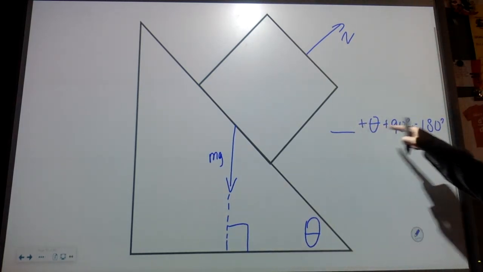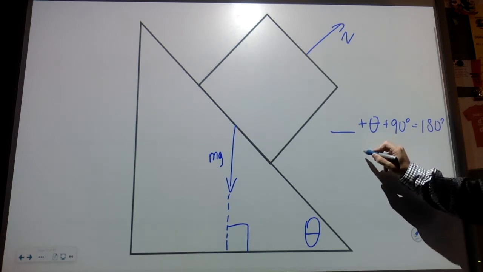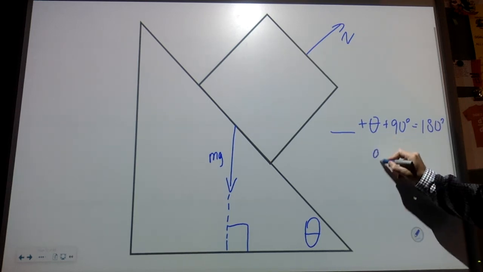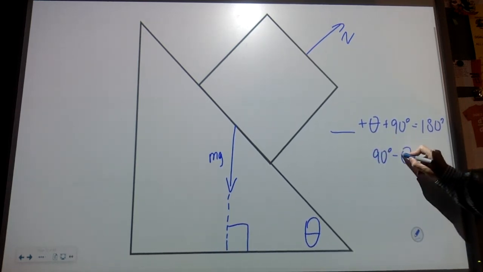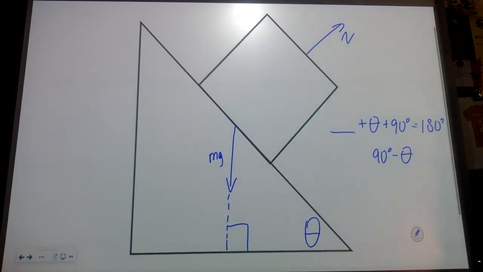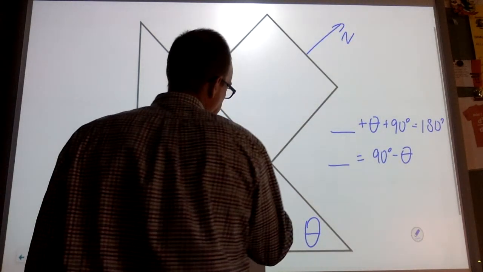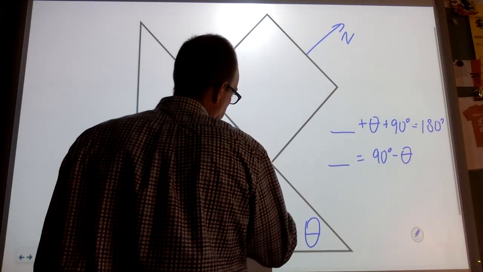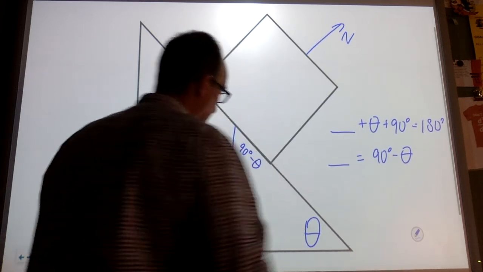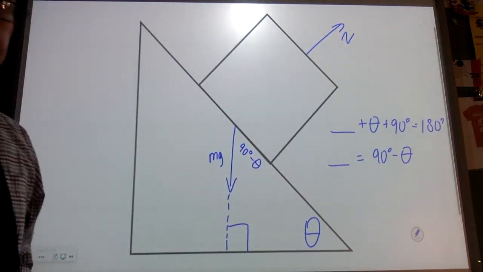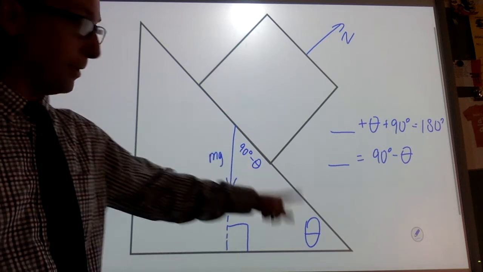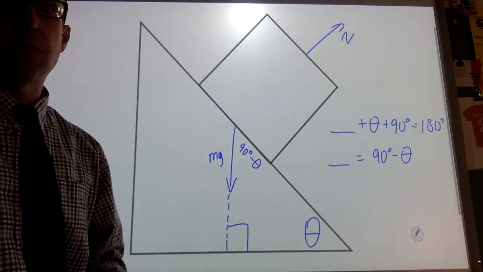So this unknown is going to be 90 minus theta. So I'm going to put 90 minus theta in here. And it should make sense, right? Because 90 minus theta plus theta would be 90. 90 plus 90 is 180.